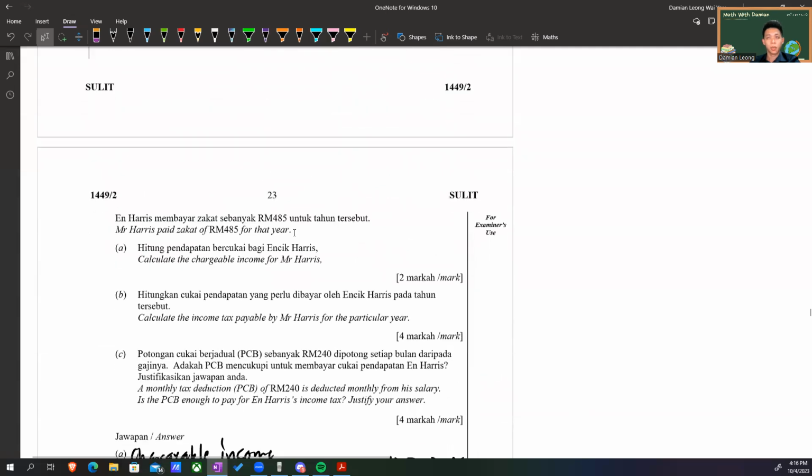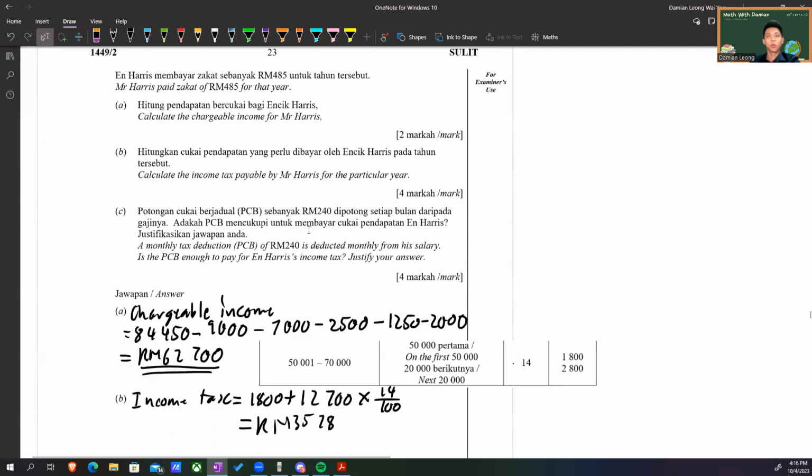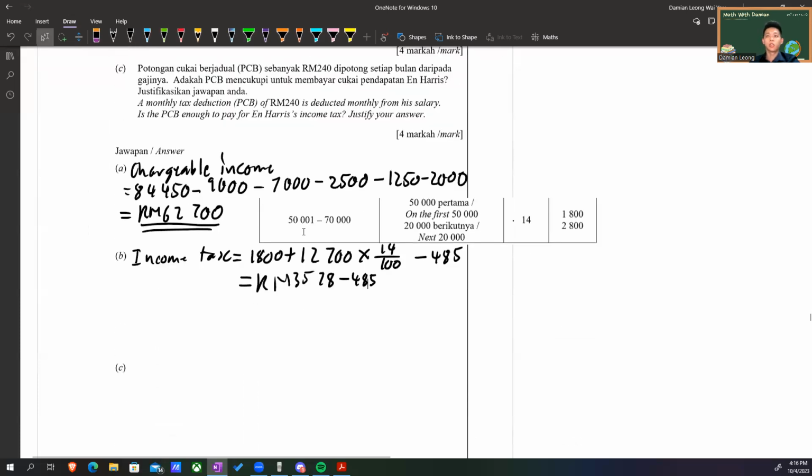Yeah. But you see here, there's a zakat. So zakat, we have to minus from the income tax payable. So I minus another 485. Okay, so without zakat, then it's just this part. But with zakat, you have to minus after you count the percentage.